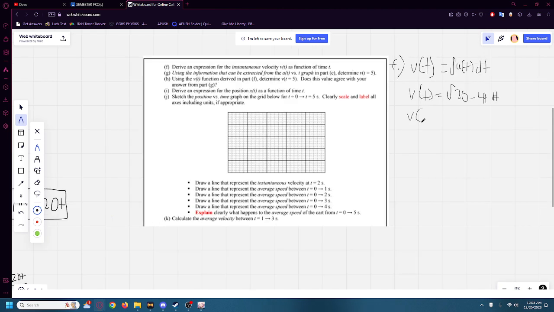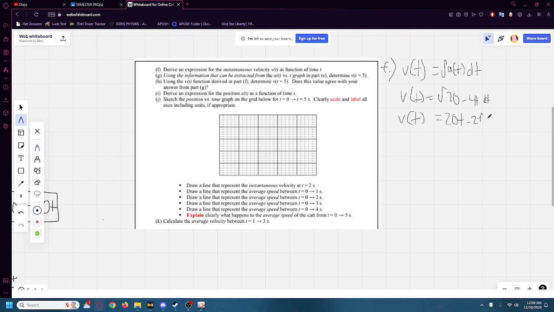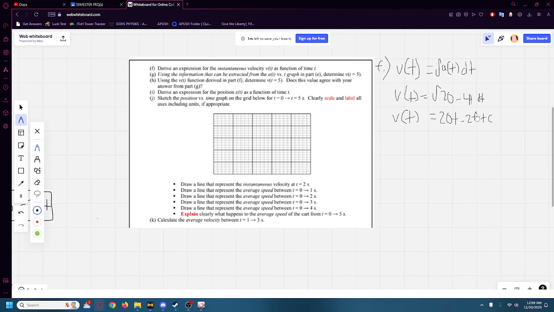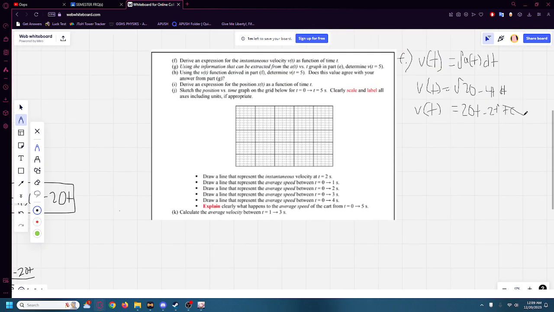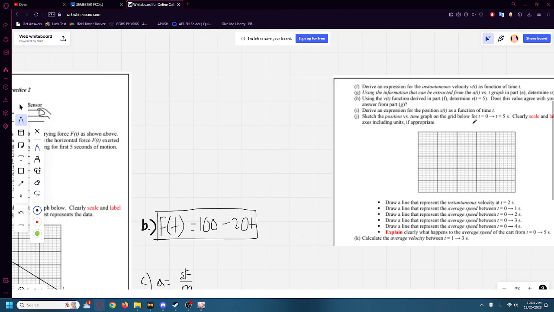So v of t is equal to 20t minus 2t squared plus c. But we assume that v initial is 0, so we get rid of c.